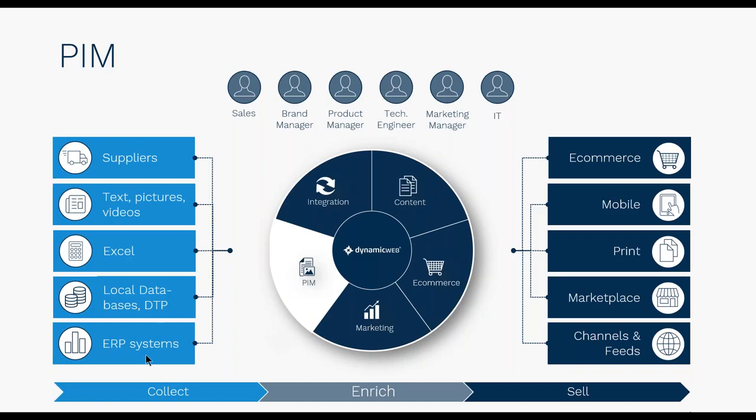So on the left side here are sources where we're collecting the information from. It's an ERP typically, but it's not limited to an ERP. If you're doing things using Excel and Access, we're going to use an Excel and Access database to import information in. If it's coming in from suppliers because you're a wholesaler, then that might be a variety of file types.